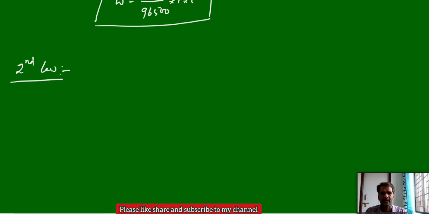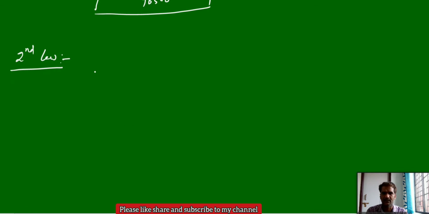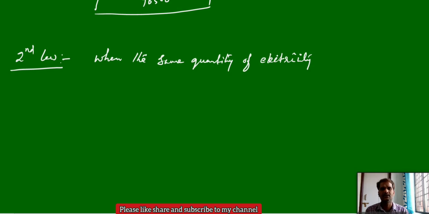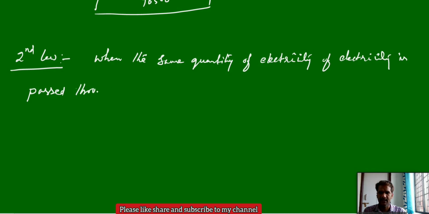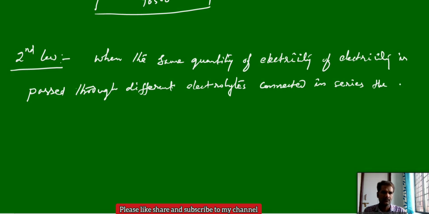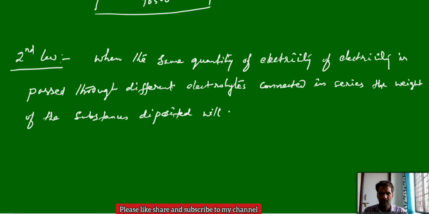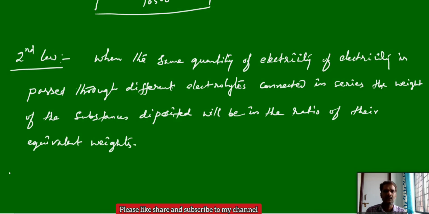We can take the statement like this: when the same quantity of electricity is passed to different electrolytic solutions which are connected in series, then the weight of the substance deposited will be in the ratio of their equivalent weights. This is the second law.